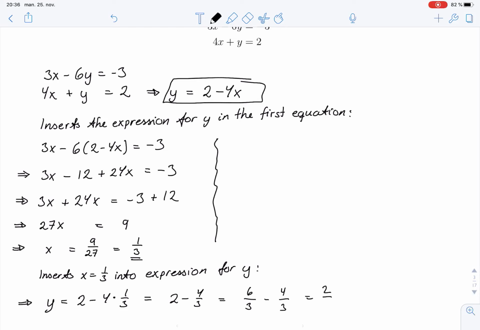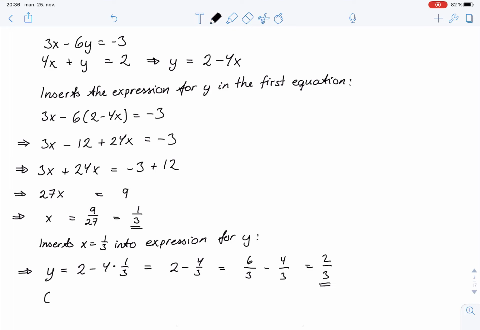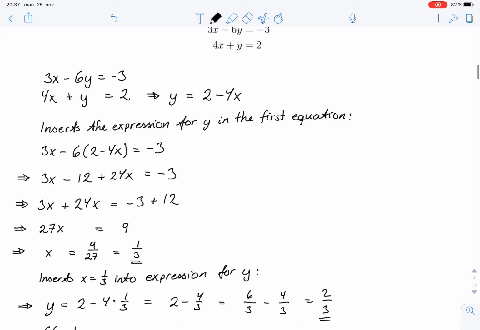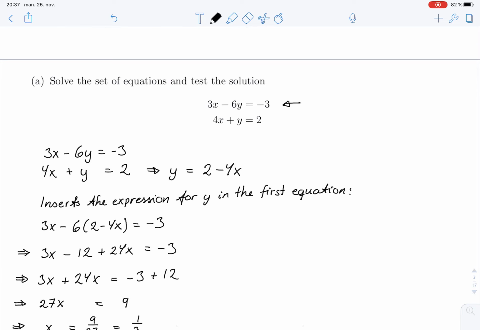The last thing we need to do is to check your answer. So 3x minus 6y, that was the first equation. We get 3 times 1/3 minus 6 times 2/3, which is 1 minus 4, which is minus 3. And that's what we had in the first one.